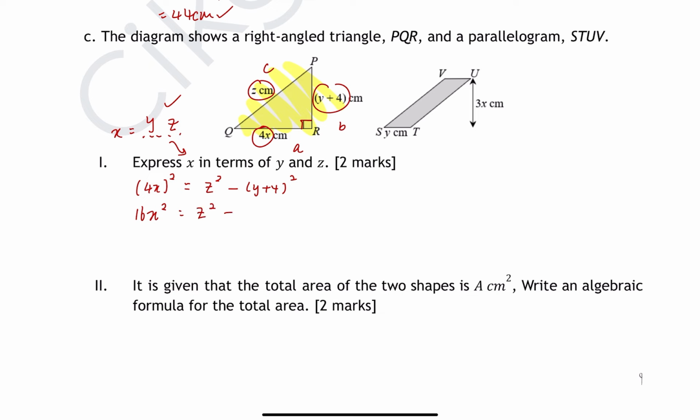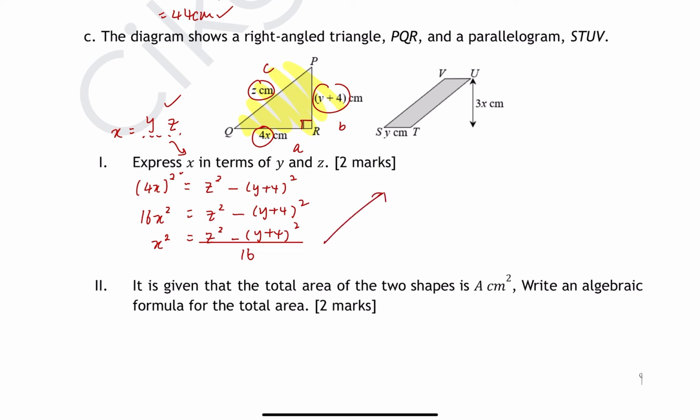Again, you can remain it, or you can basically just shift your square over, right? Or you can just expand. You have 16x squared equals to z squared minus y plus 4 squared. To get your x squared, you will have z squared minus y plus 4 squared over 16.